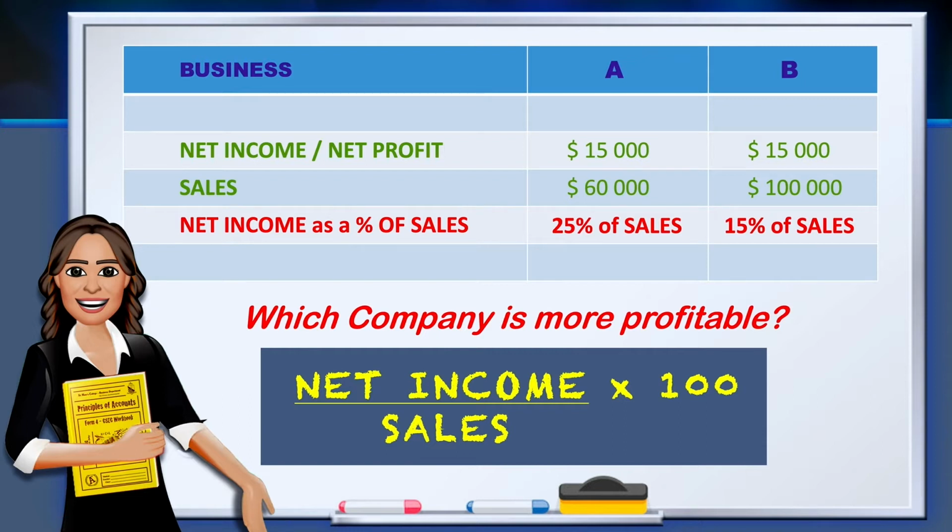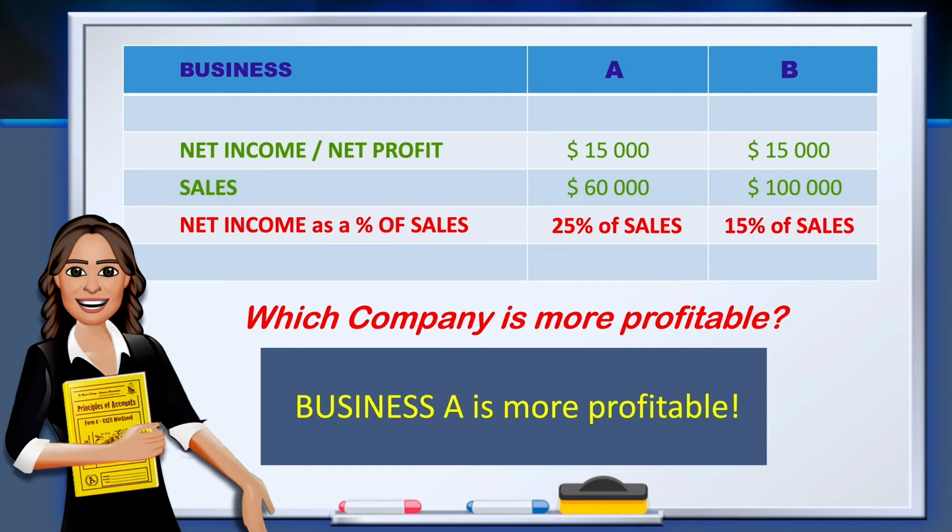So business A, 25% of sales was their income, whereas business B, net income was 15% of sales, which is less than business A. Business A yielded a greater percentage from its sales in terms of profit.